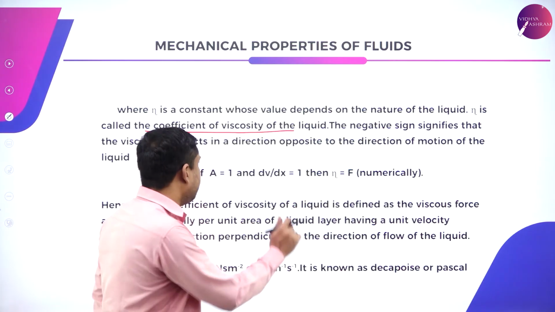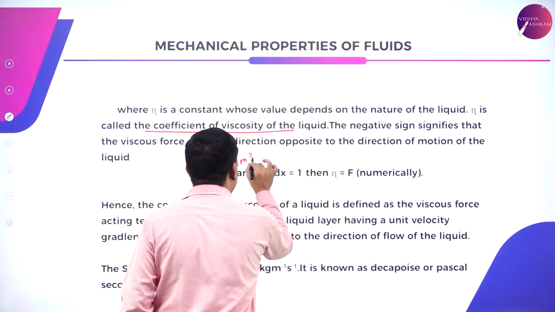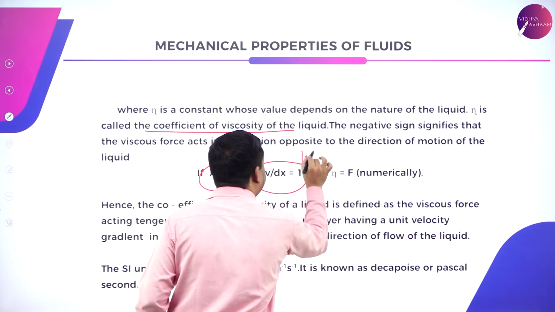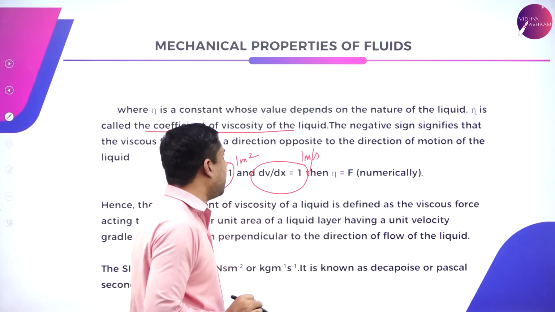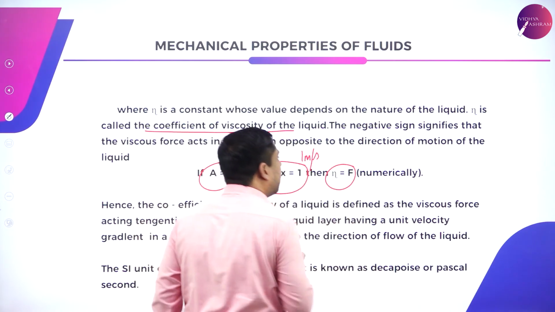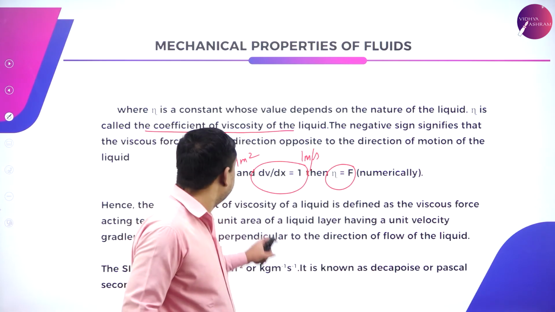Now, if area is 1 meter square and dV by dx is 1 meter per second, then eta becomes equal to F. Observe.